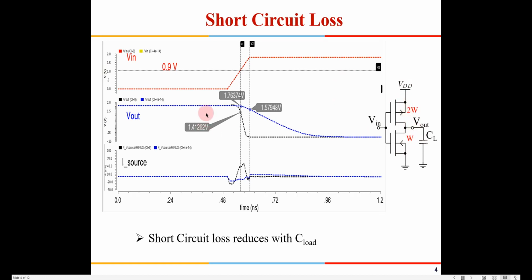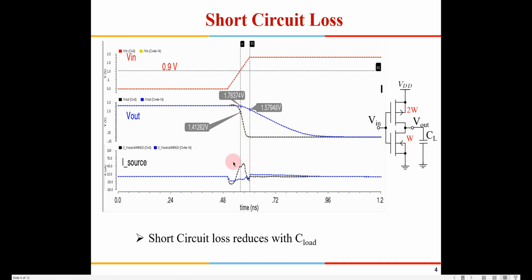When the input reaches almost 1.8 volt, this voltage is still 1.8 for this particular example, and VSD here is just 0.2. That is why the short circuit current gets limited in this particular case.